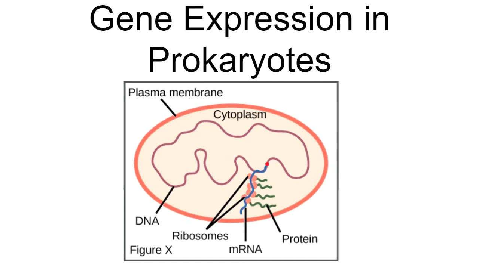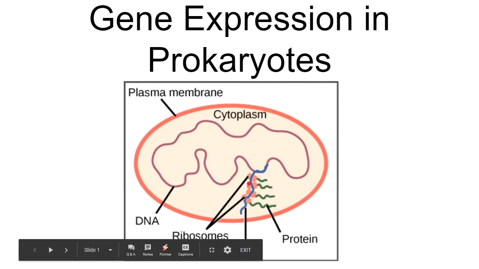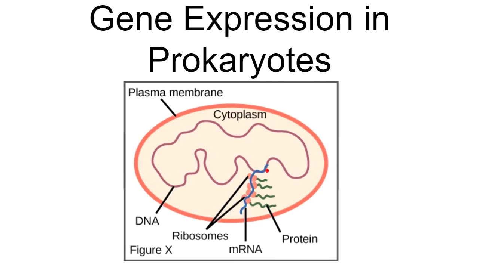But then, as we see here, it does have ribosomes because ribosomes are the site where proteins are made. So during gene expression, we know we have transcription and translation. And during transcription, we have messenger RNA made.